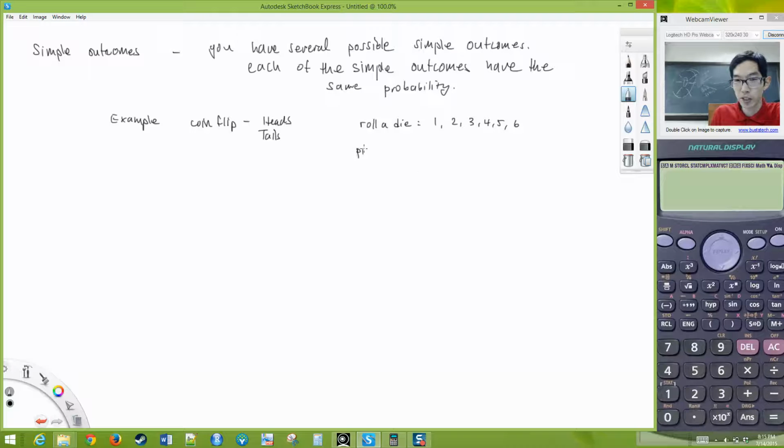Or picking a card from a shuffled deck, then all cards have an equal chance of being selected.